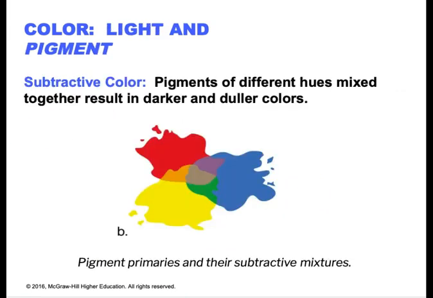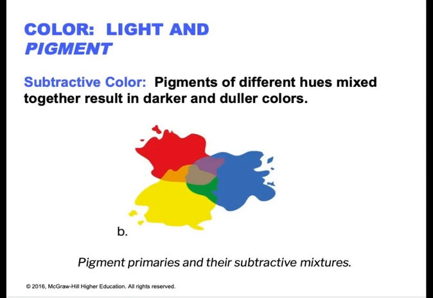But pigment is more what we are talking about, and that is called subtractive color. Now this has to do with how our eyes are absorbing color. When we talked about light, additive, it's because more, this is very scientific, more of the rays of the color from the spectrum are being absorbed by your eyes. That's why it's additive. And when they're all added together, you're seeing white.